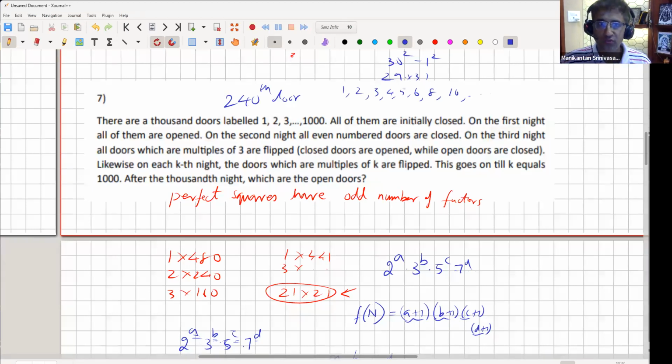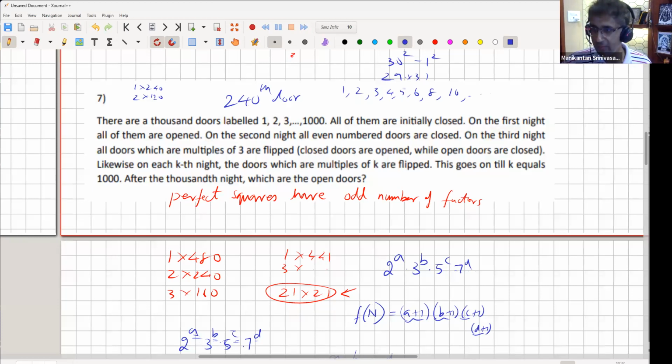How many factors does 240 have? If you list them in pairs, it has an even number of factors, so whatever happens gets undone. So for the final state to differ, it needs an odd number of factors, so it has to be a perfect square.